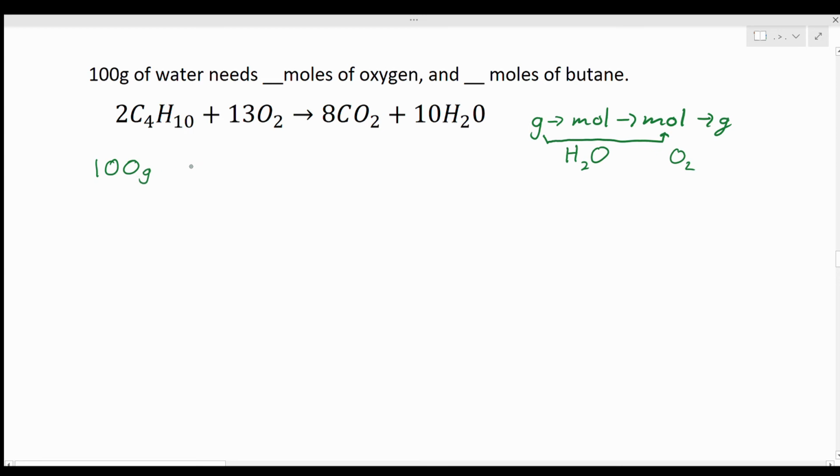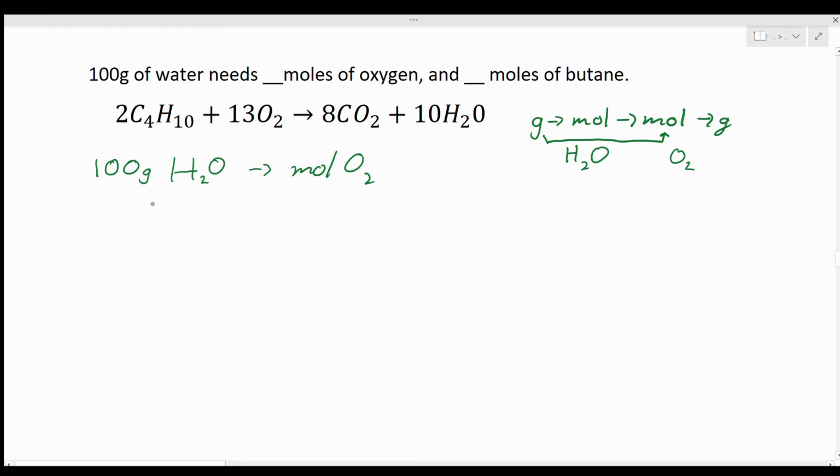Let's see the stoichiometric relationship between 100 grams of water and some number of moles of oxygen. This is our first step. 100 grams of water will equal some number of moles of oxygen.